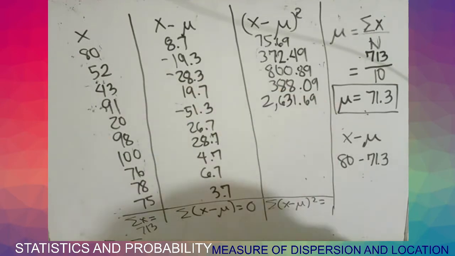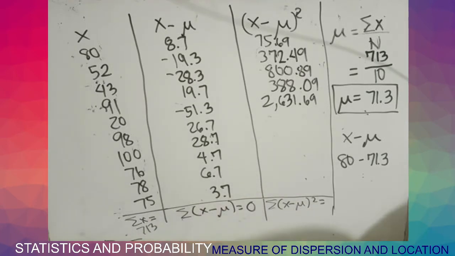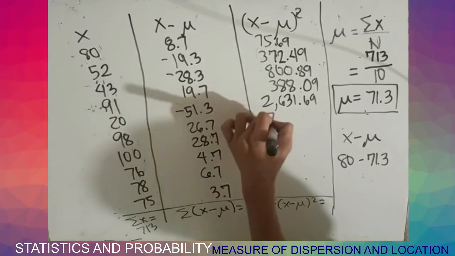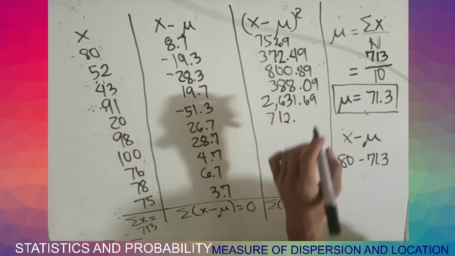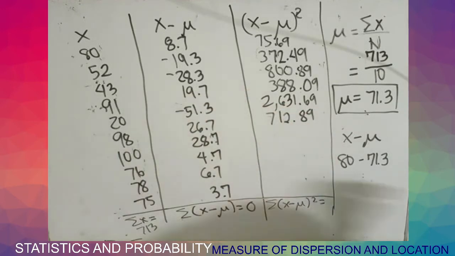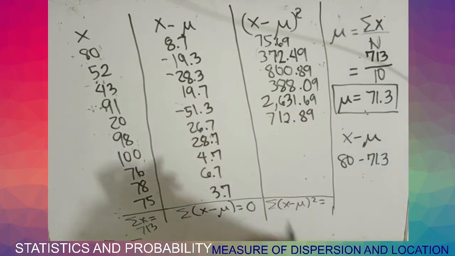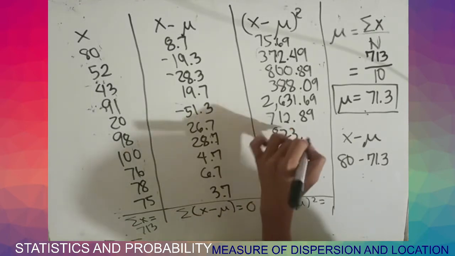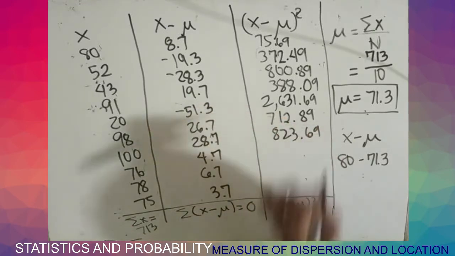Tama ba? Okay, next. 712.89. 28.7 squared, 823.69.